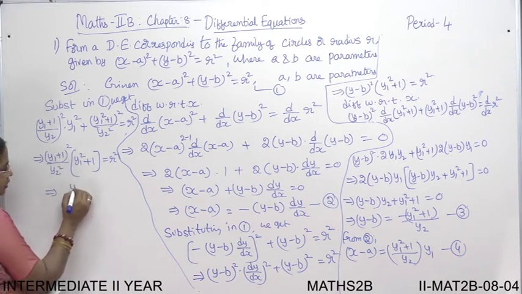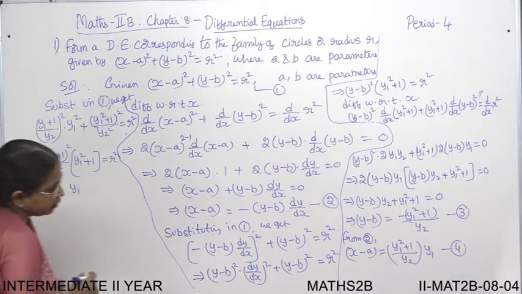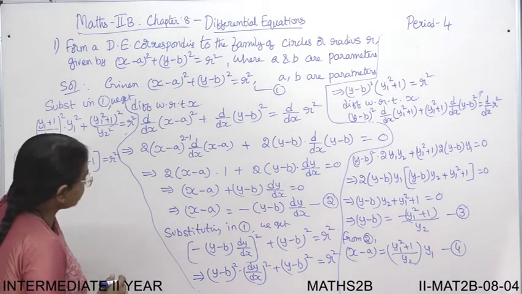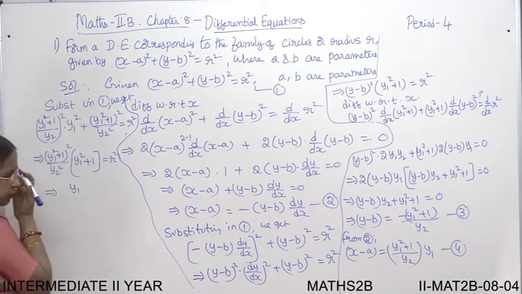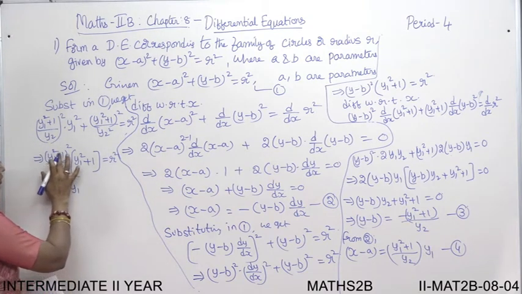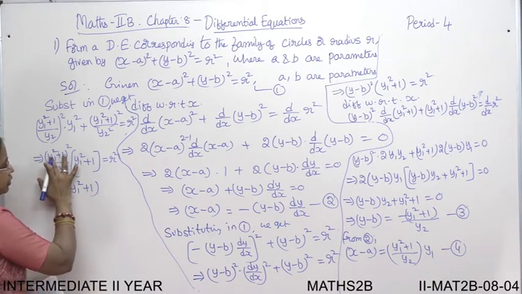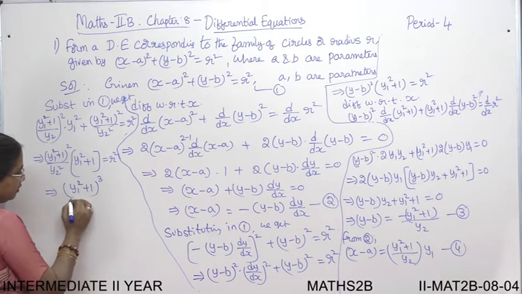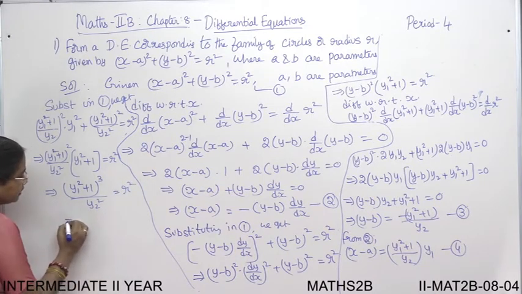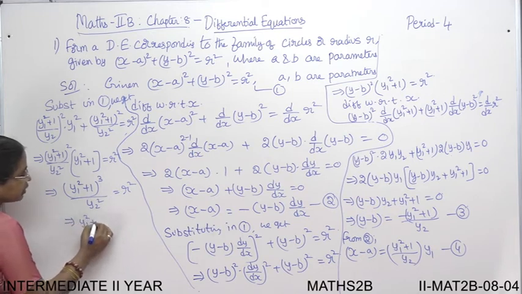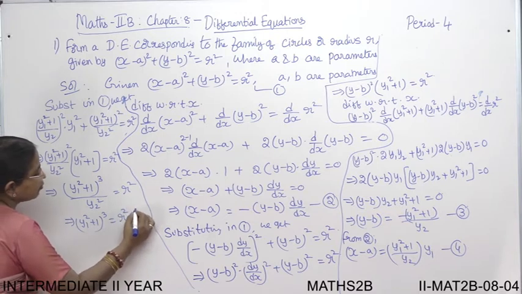So that means it is (y1 square plus 1) whole square, this is y1 square plus 1, (y1 square plus 1) whole square. So (y1 square plus 1) whole cube, this is 2 times and this is 1 time, 3 times, by y2 square is equal to r square. So that means (y1 square plus 1) whole cube is equal to r square into y2 square.